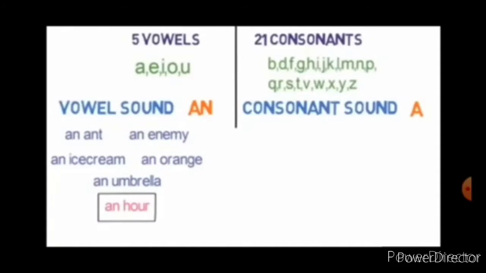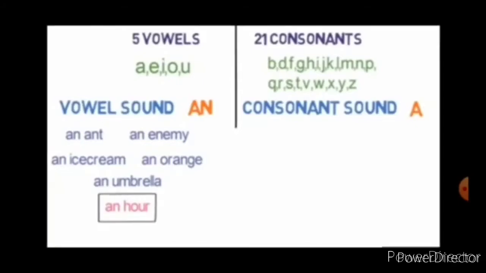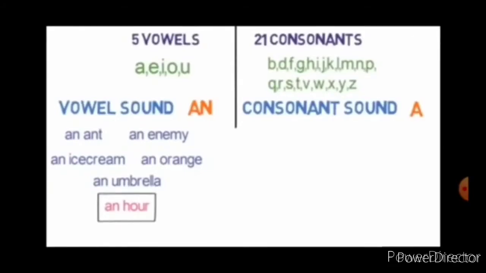An umbrella. Even though the word umbrella starts with a vowel letter, it sounds with a vowel sound, that is "um", an uh sound. So we have to use the article an. Look at the last example, an hour. Why have we used the article an here?